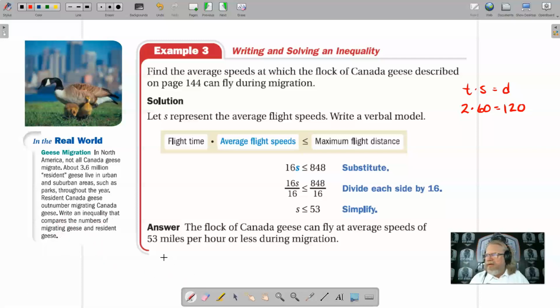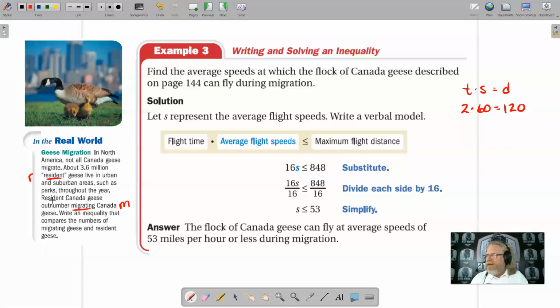So let's use a couple variables to represent this. We'll use an R for resident geese. And where are those migrating geese? Yeah, here's the migrating ones. We'll call that M. So it says that there are more resident geese, correct? I think they use the word outnumber. Right there it is.